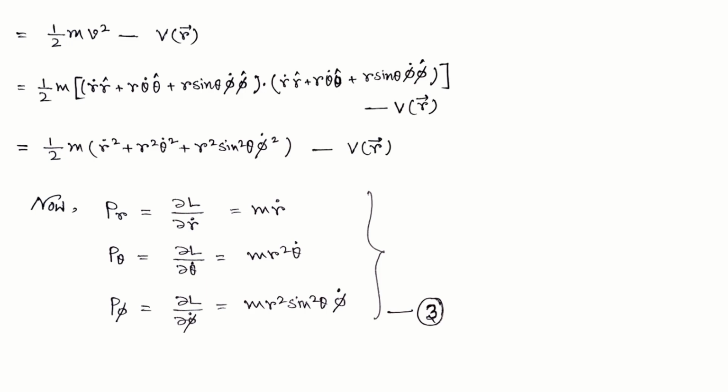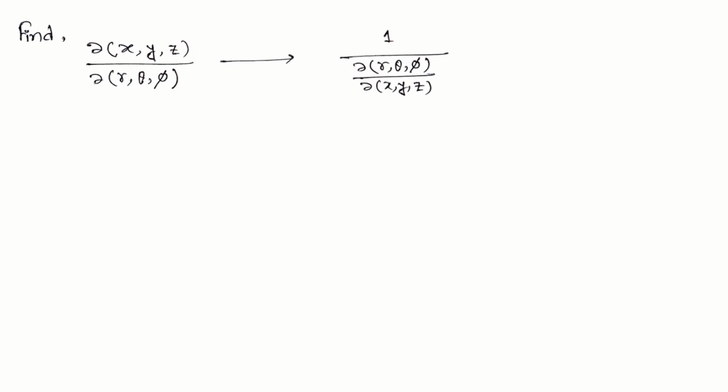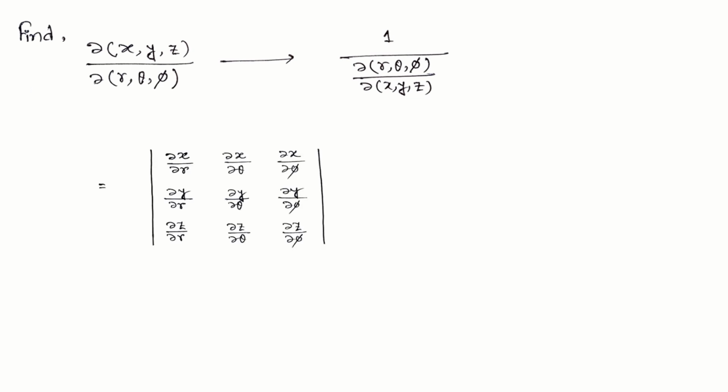Now we have to find the Jacobian determinant elements. So our first element is that. This is basically the inverse, which we have written in the determinant there. So this del(x,y,z) by del(r,theta,phi) is basically that. We have the sets of equations, and from them we can calculate del x by del r, del x by del theta, and also the other components.